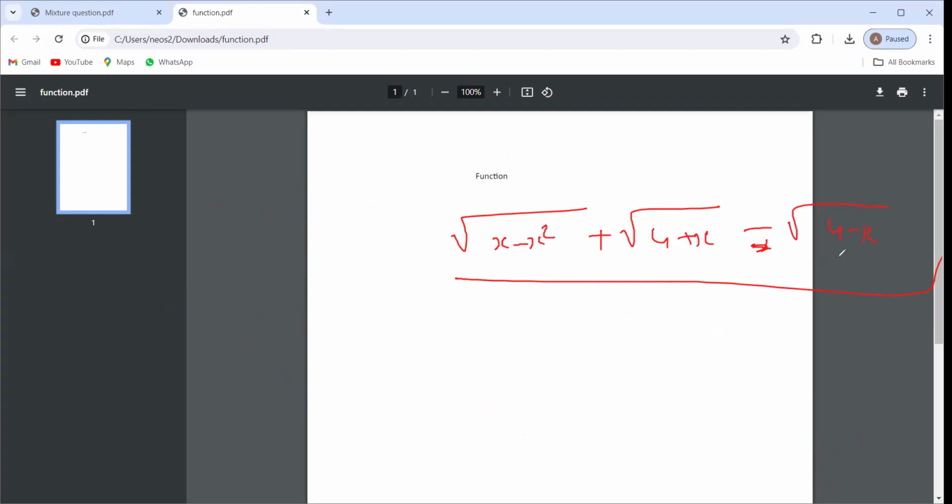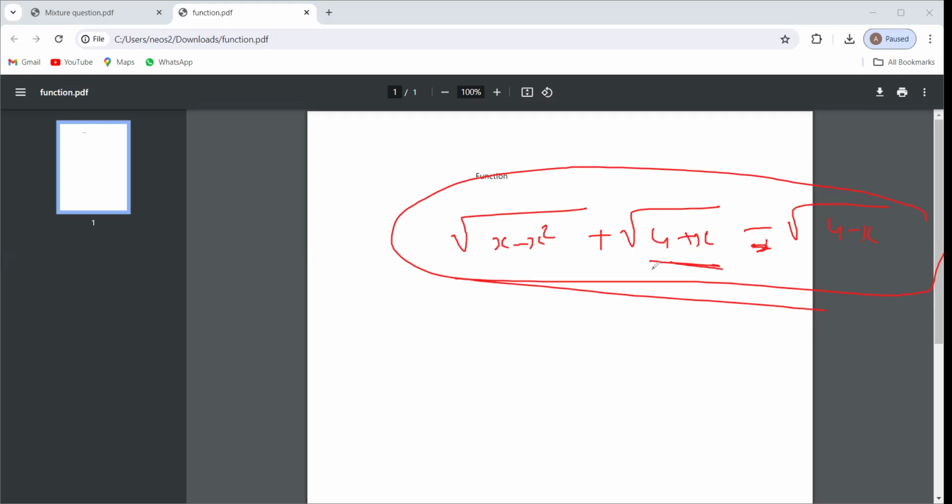Find the domain of this. Let's try. What is the condition?